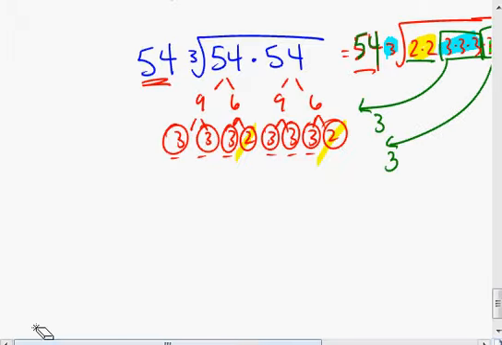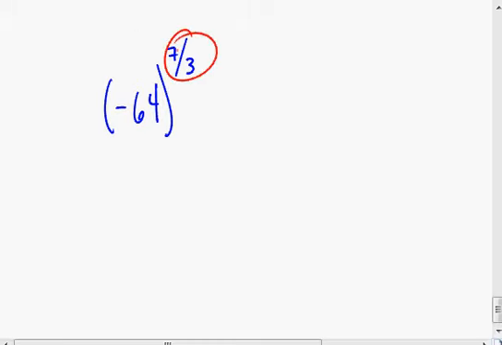Okay, let's do one more here. Okay, so again, the exponent is a fraction.